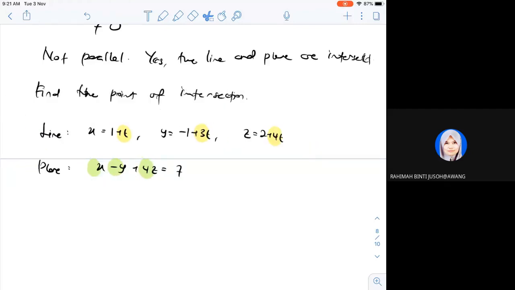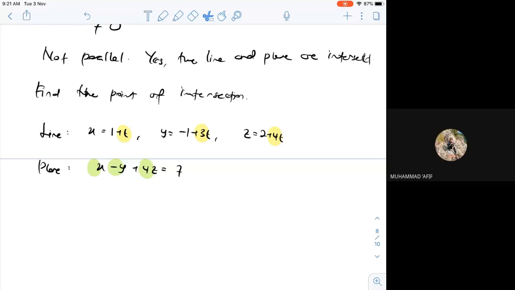Okay, guys, point of intersection means we need to find the coordinate x, y dengan z kan? So, logically, we need to substitute the values of t in the equations of line. So, first of all, we need to find the values of t. Okay, so how do we find the values of t? Any idea? Macam mana nak cari values of t tu?